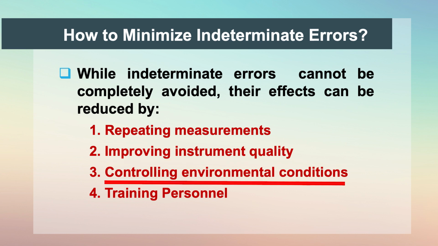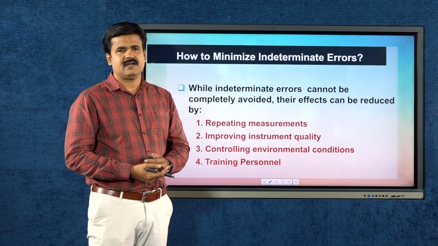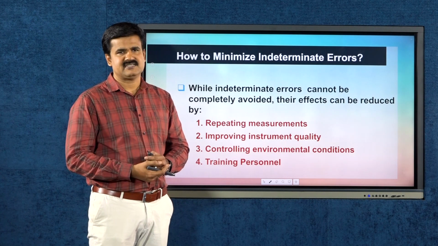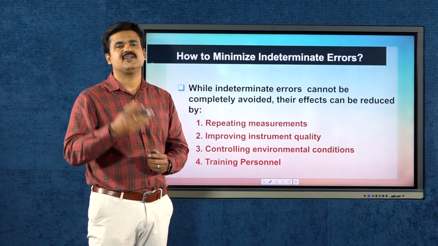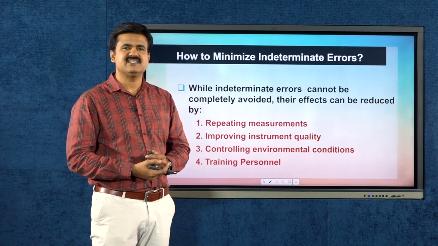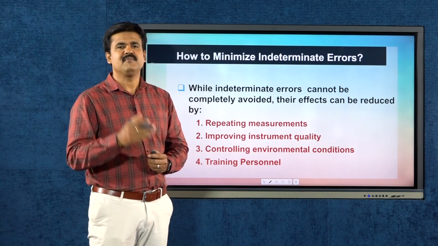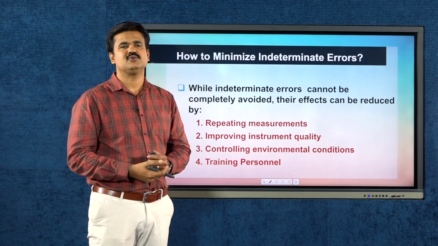Controlling environmental conditions like temperature, pH, voltage fluctuation, etc. is another possibility to minimize the indeterminate errors that may occur during an instrumental measurement. Training personnel is a good alternative to minimize these kinds of indeterminate errors. The analyst should be trained well before he or she enters to perform the analysis.